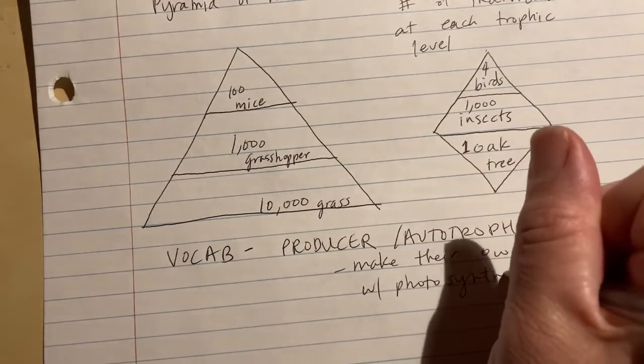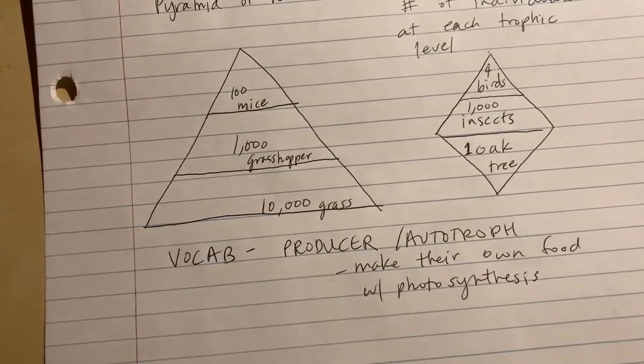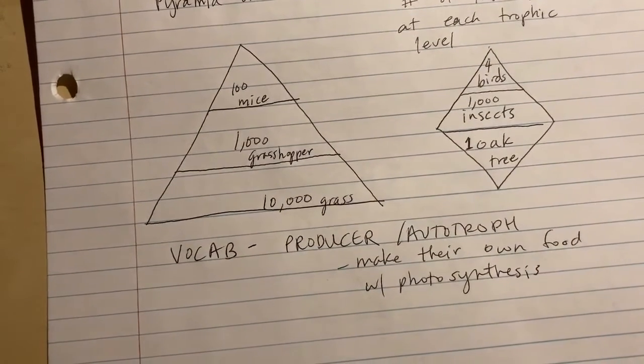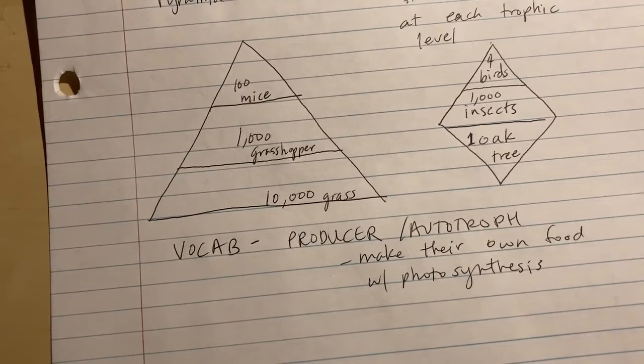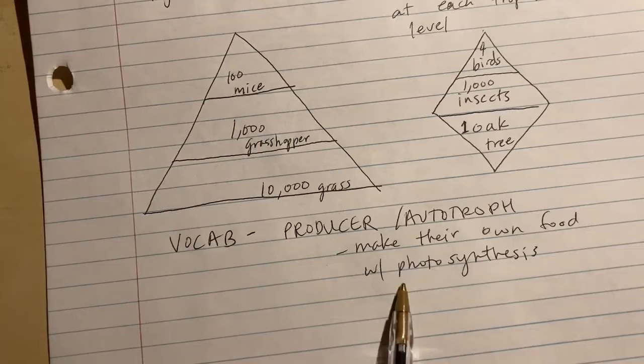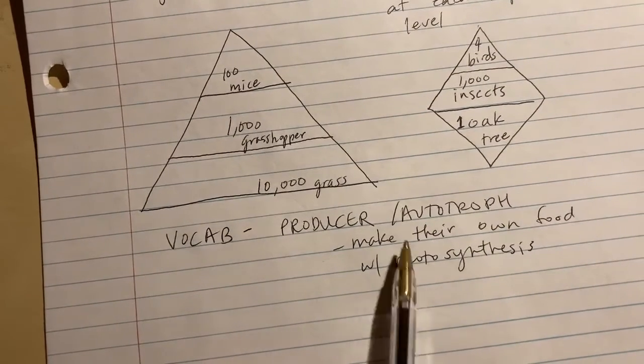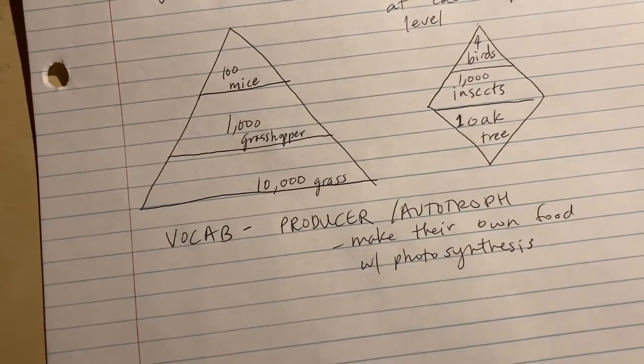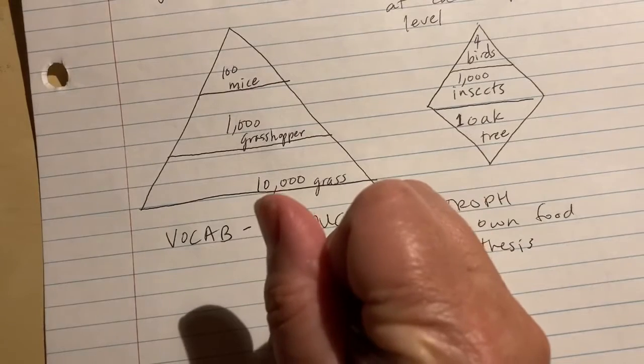There are some really weird autotrophs that use a process called chemosynthesis, but it's a very, very rare thing. It only happens in undersea volcanic vents. For the most part on Earth, almost all producers are using photosynthesis.